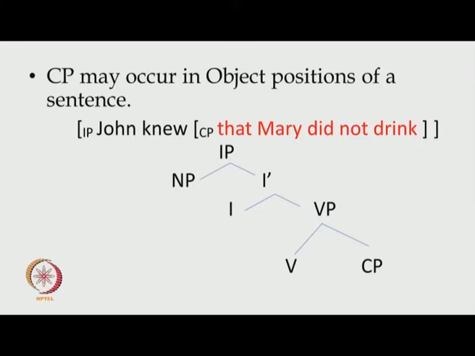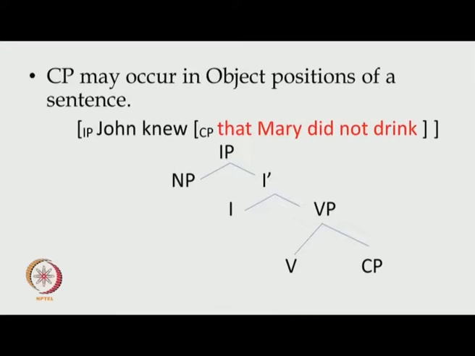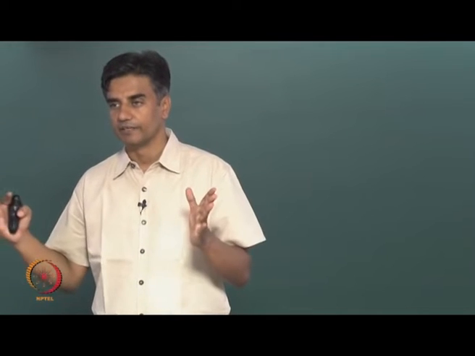Let me first show you a CP in the object position. I think we had talked about that, but let's refresh this. John knew that Mary did not drink. The verb know in the main clause has a complement which is a CP. The whole thing, that Mary did not drink, is a full CP. Is this clear?